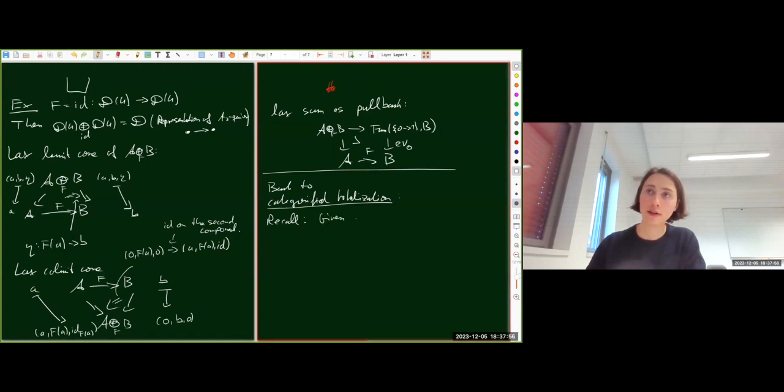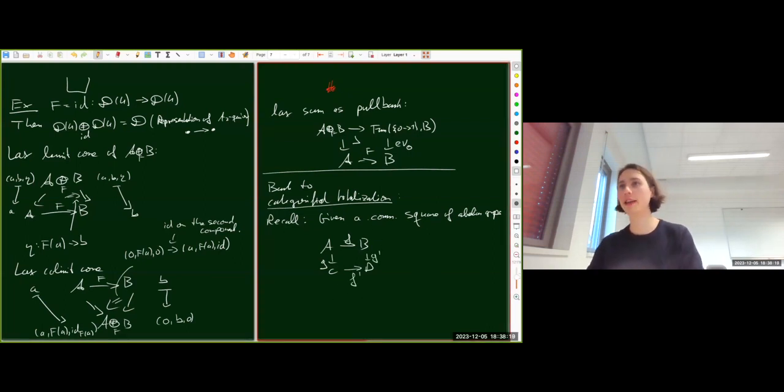So given a commutative square of abelian groups, so A, F, B, C, G, D, G prime, F prime.